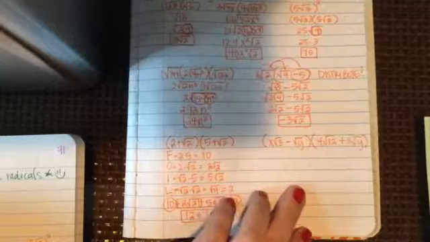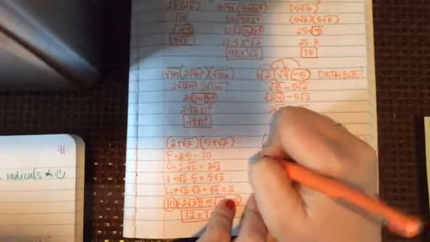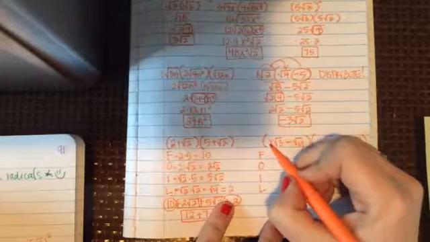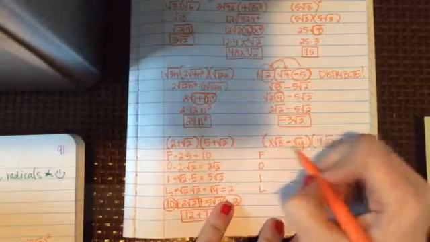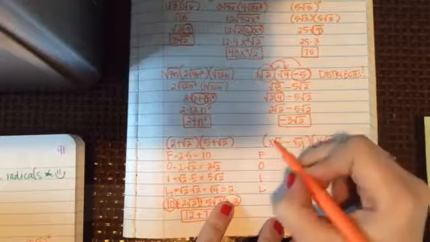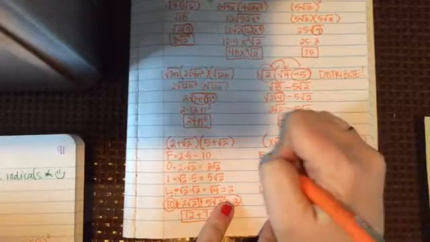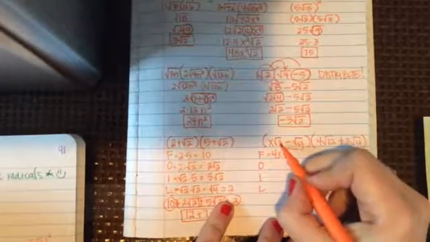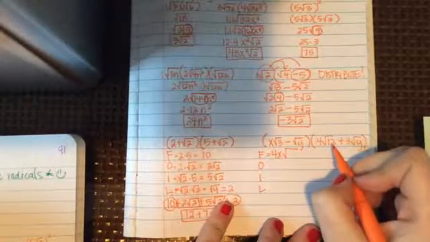Yikes, what was I thinking? Okay, here we go. First, outside, inside, last. All right, first, x radical 3 times 4 radical 12. So x times 4 is 4x. And 3 times 12 is 36.